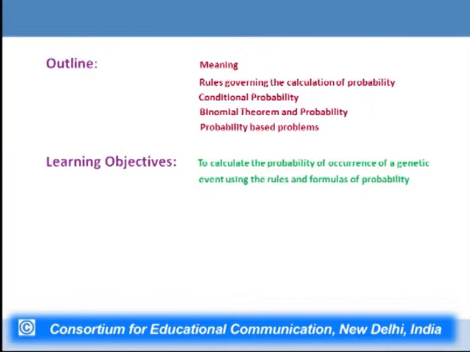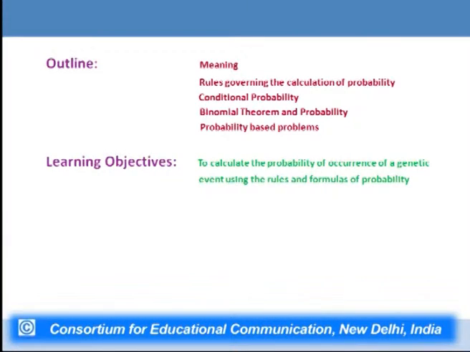Then we'll be solving some problems which are based on probability. So the learning objective for this particular lecture would be to calculate the probability of occurrence of a genetic event using the rules and formulas of probability.